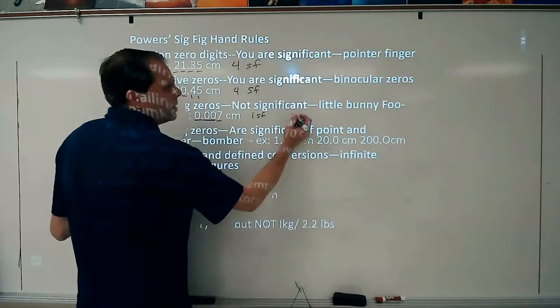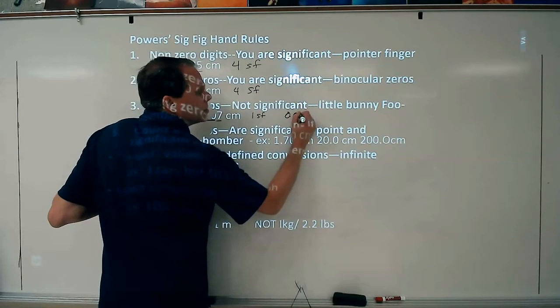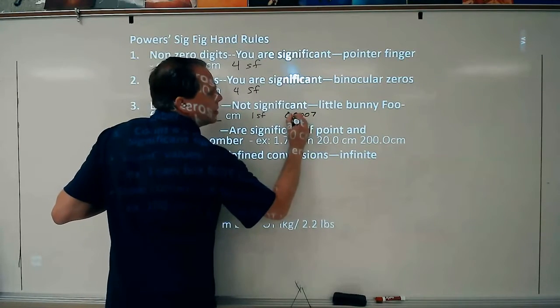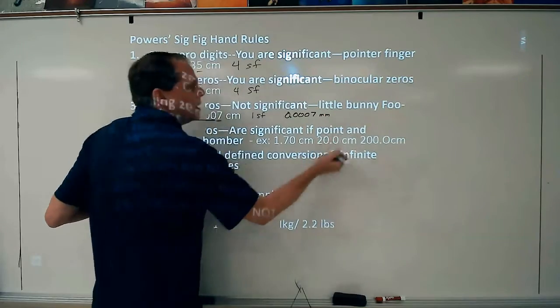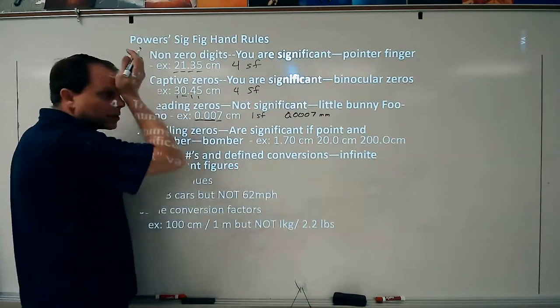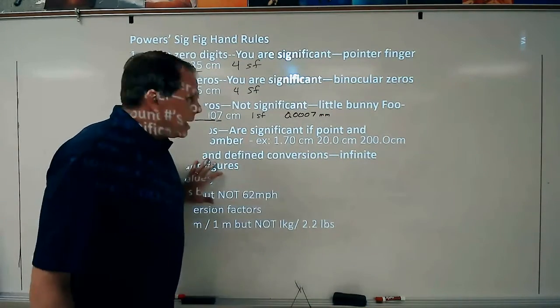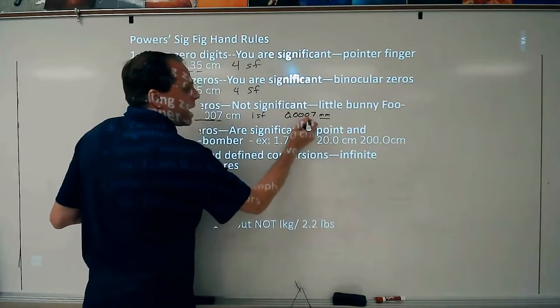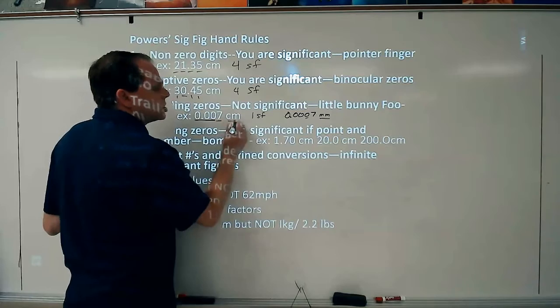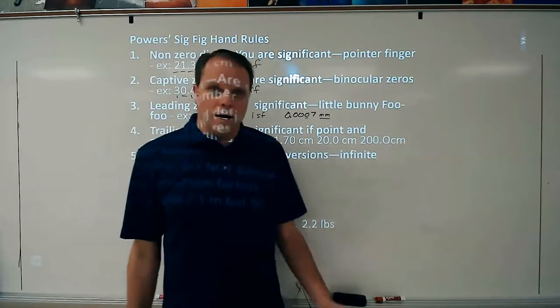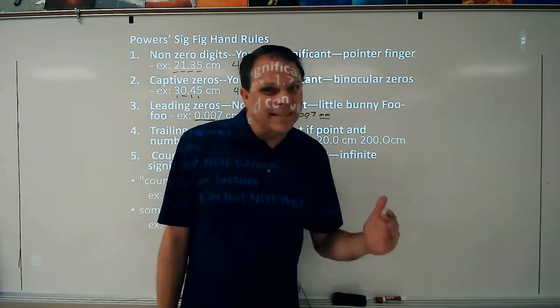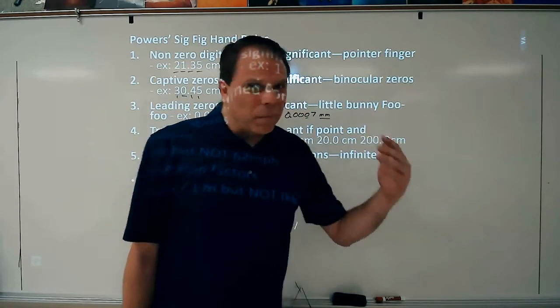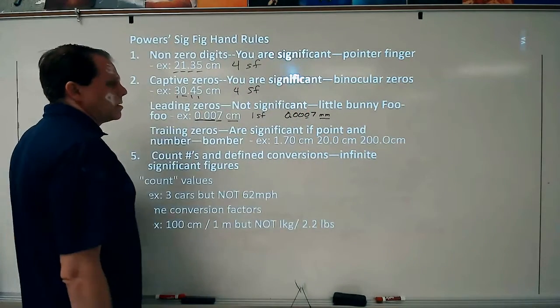If you are thinking about it, 0.0007 millimeters is the same thing as 0.007 centimeters. And so all I'm doing here, by adding a 0, is changing the unit that I'm expressing it in. And so that 0 is just a placeholder. It's not really telling me anything more significant.